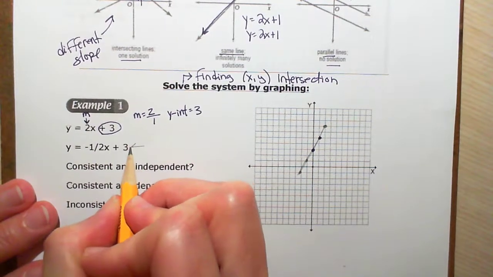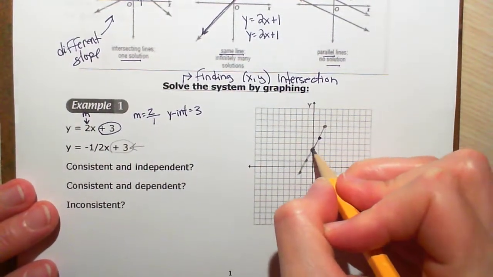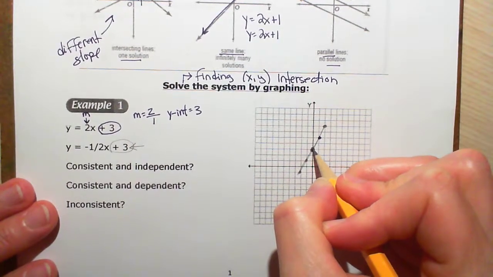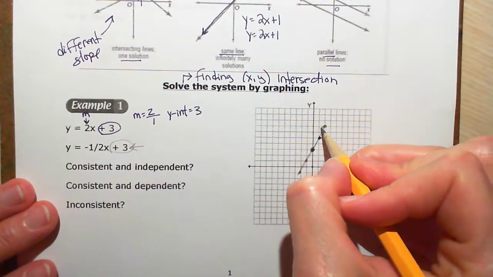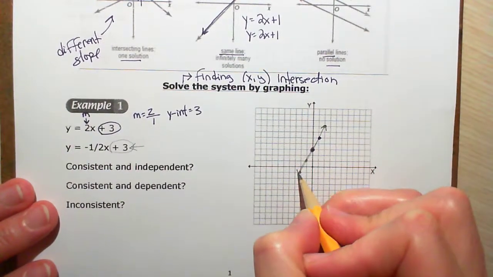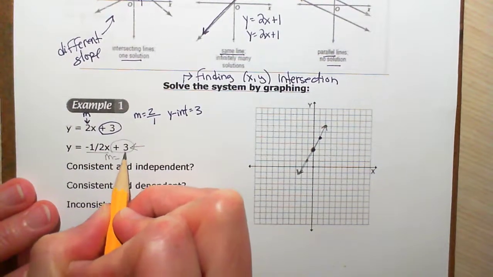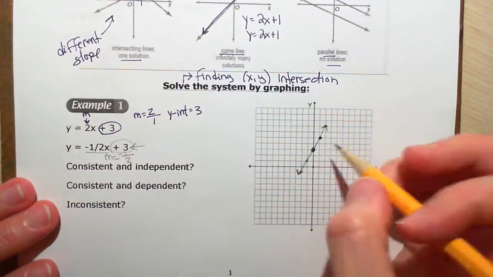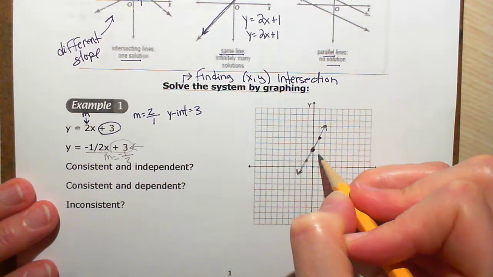And I'm going to graph this one. This has a y-intercept of 3. Well, there we go. I just found my solution. That's the point they have in common. But let's graph the entire line. And then this one I'm going to go ahead and put arrows on. Make sure you're always putting arrows on your lines. This one has a slope of negative 1/2, so I'm going to go down 1 and to the right 2.